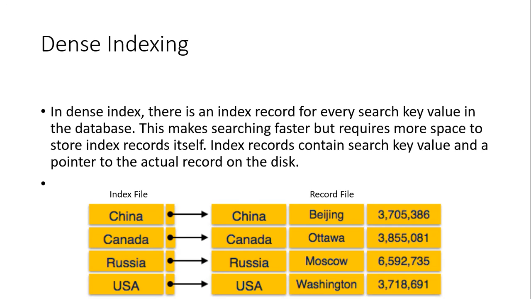So in the worst case we need to access more blocks to find the search entry, and after accessing it we can directly reach the desired record with the help of the pointer.